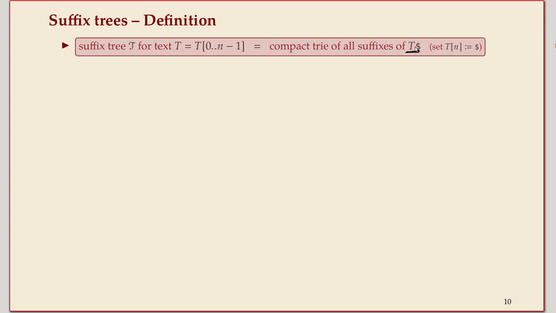So we have n plus 1 suffixes, nevertheless. We don't include the completely empty one, but the one that only consists of the dollar is a proper suffix, and that includes 0 characters of the text. Then we have the suffix one longer that includes 1 character, and so on, up to n. That's n plus 1 in total. Okay?